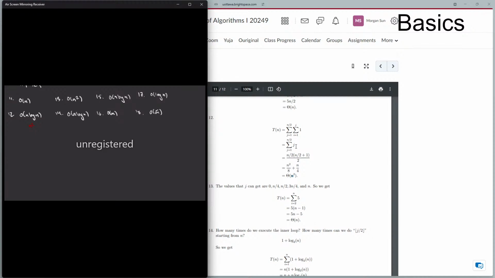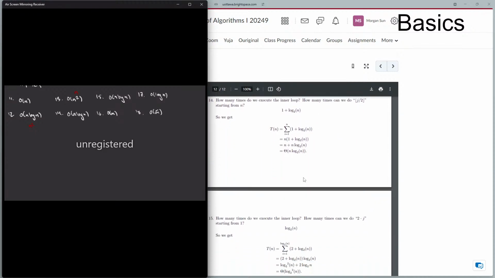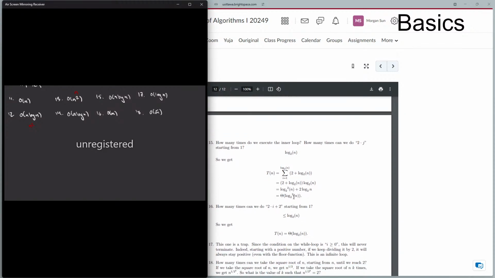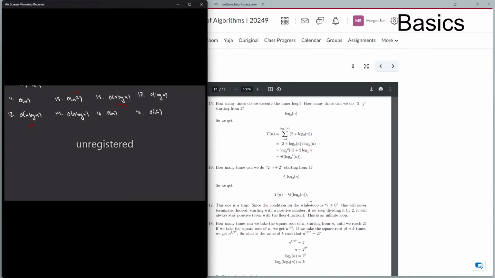N squared. This is n. 14 is n log n. 15 is, okay, this is just log n. What? I guess this is also log n. Wow, I suck at this. Holy crap.